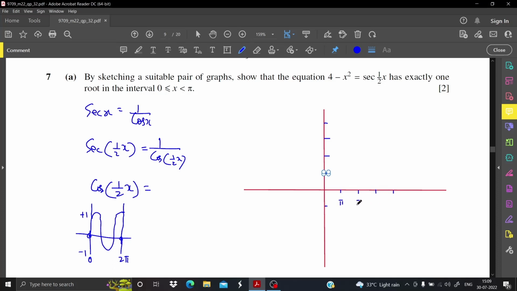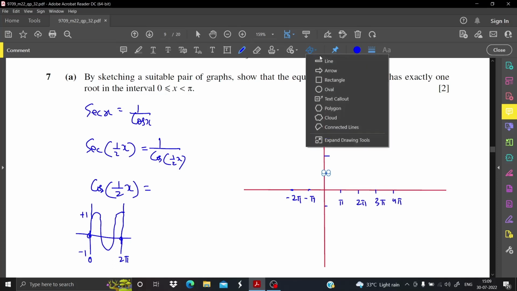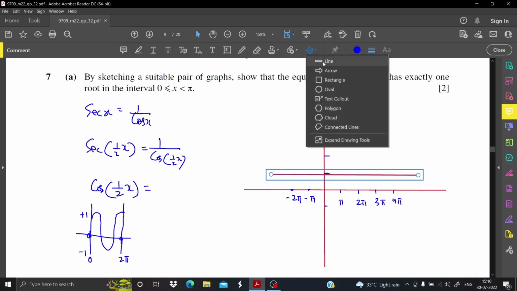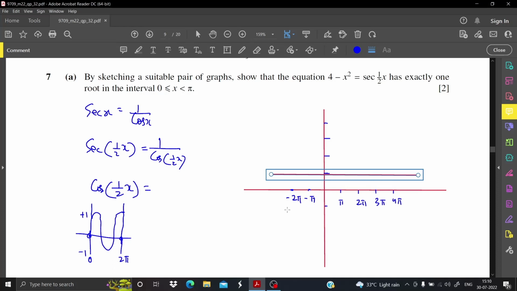This is pi, 2 pi, 3 pi, 4 pi. And this also minus pi, and this is -2 pi. If you're able to draw the sketch of the cos in a very simple and smooth way, in a fast way, it'll be very easy for you to draw the sketch of the secant graph.